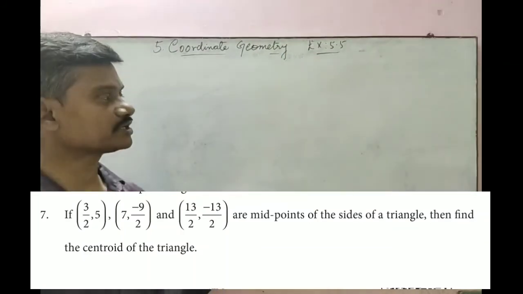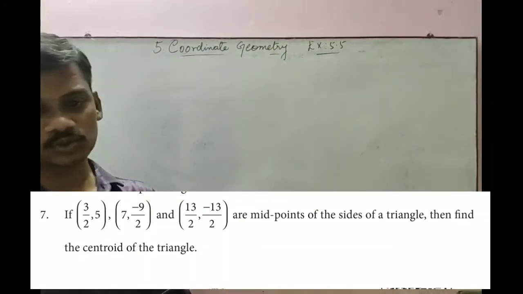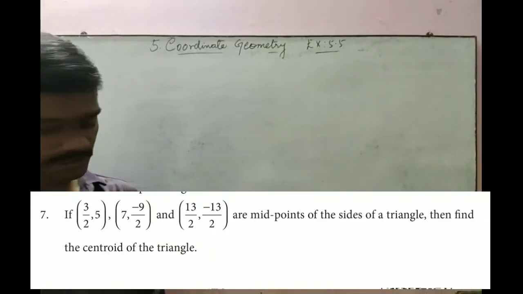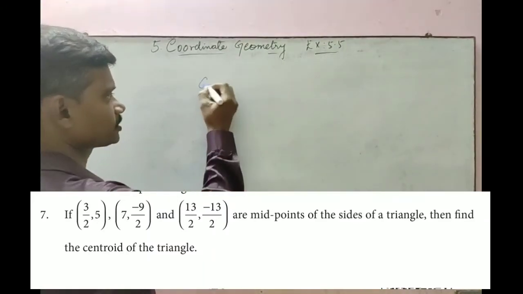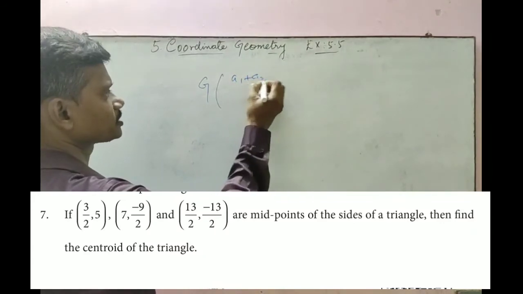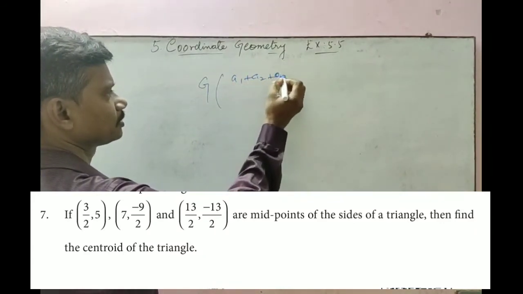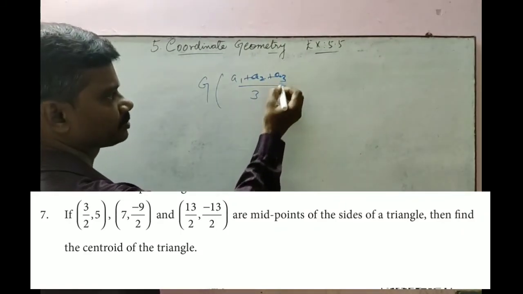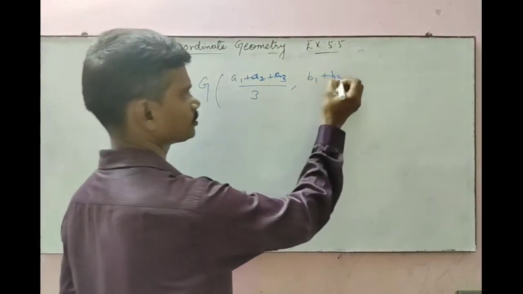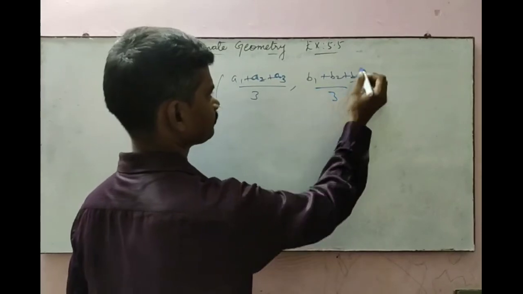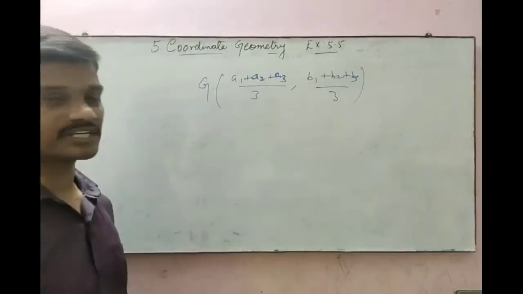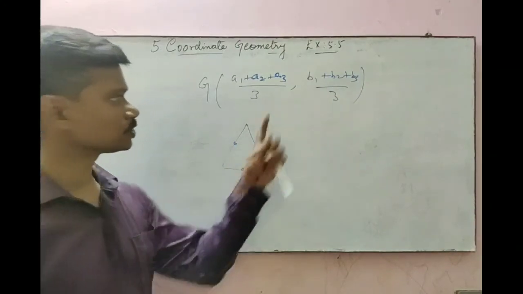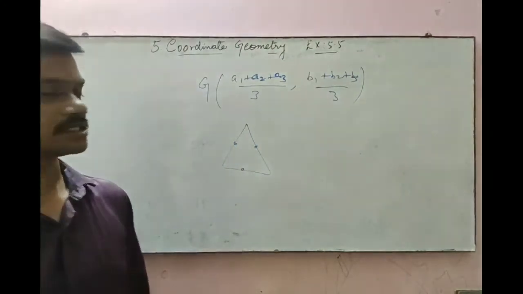If the midpoints are given, then the formula is a1 plus a2 plus a3 by 3, b1 plus b2 plus b3 by 3. Using this formula, you can do this sum as homework. We have to use this when the midpoints of the triangle are given. Here in this triangle, the midpoints are given to you. So we have to use this formula and get the centroid.